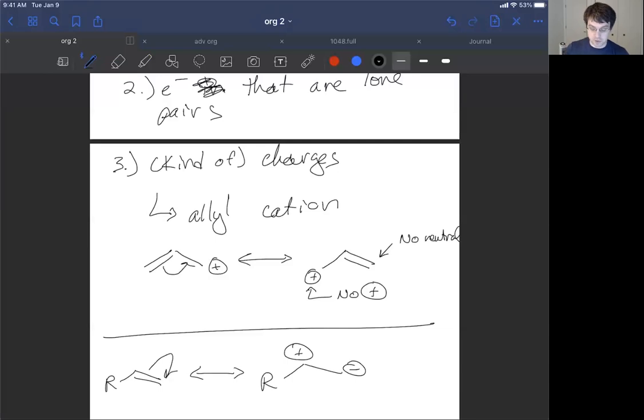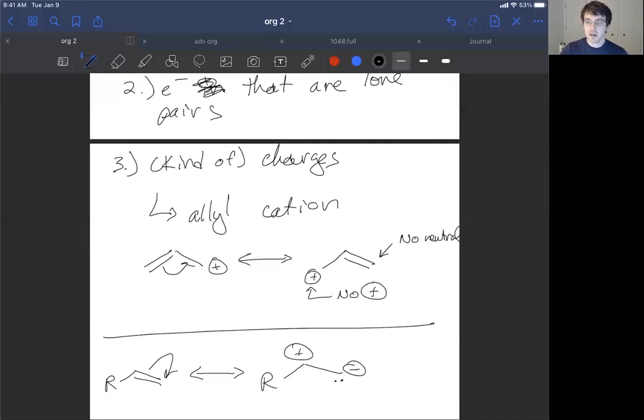We pick up a lone pair of electrons on this right-hand carbon, giving it a -1 charge, and the plus charge emerges in the center. Overall, we're still neutral. The overall charge is always balanced. So if we start positive, as in the case of the allyl cation, we end positive. If we start neutral, we end neutral. It might mean that there are some charges we have to cancel out, but we're still neutral overall.